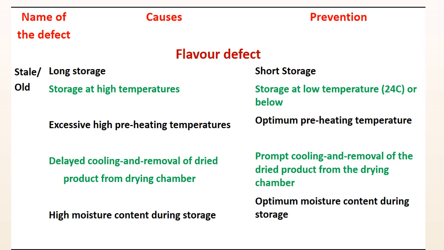And the prevention is short storage, storage at low temperature, that is 24 degrees Celsius or below, optimum preheating temperature, prompt cooling and removal of the dried product from the drying chamber and optimum moisture content during storage.